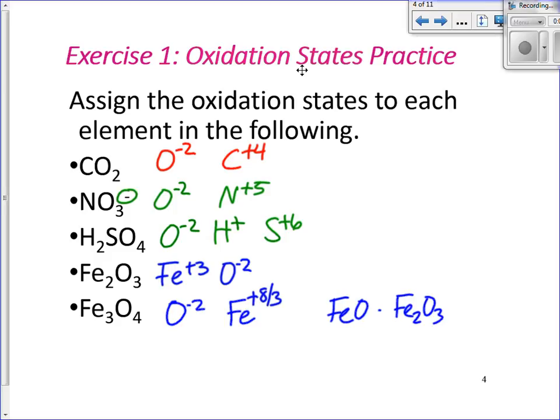You have some irons in here that are +2s. You have some irons in here that are +3s in the lattice structure of the crystal, in the bonding. So it's sort of like coming up with an average of the 2 together in the structure, okay?